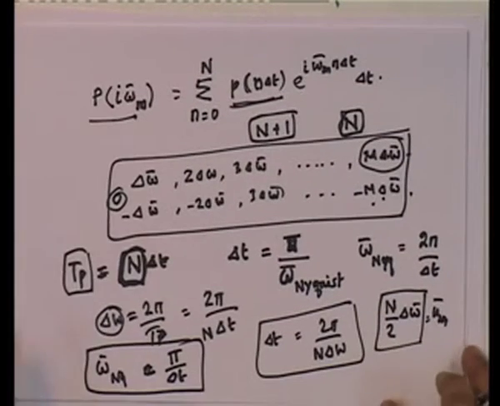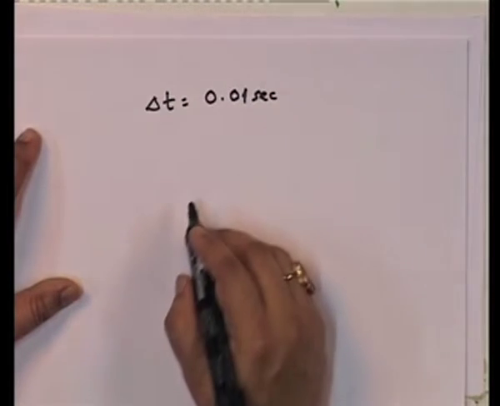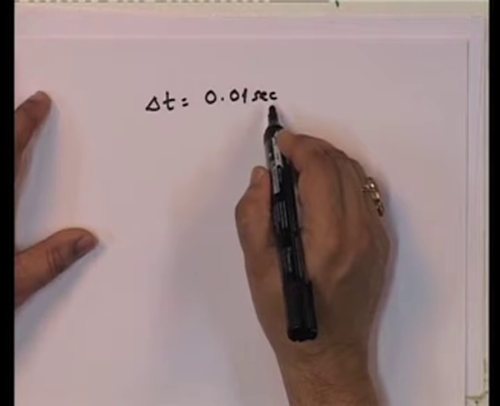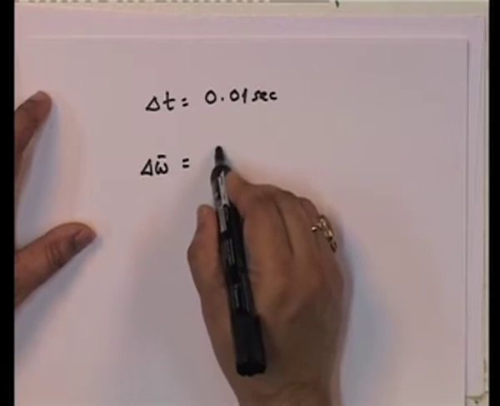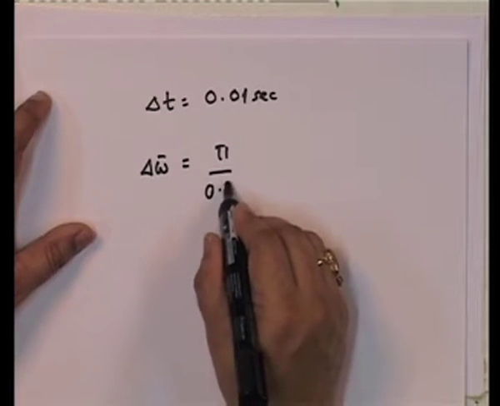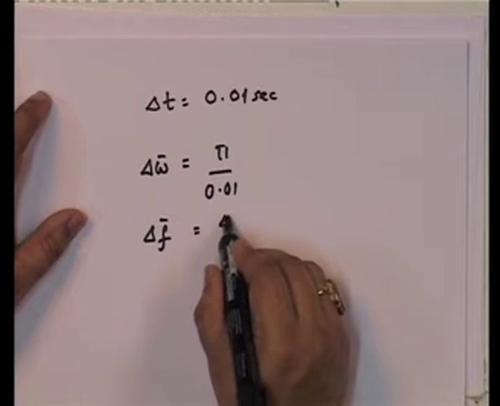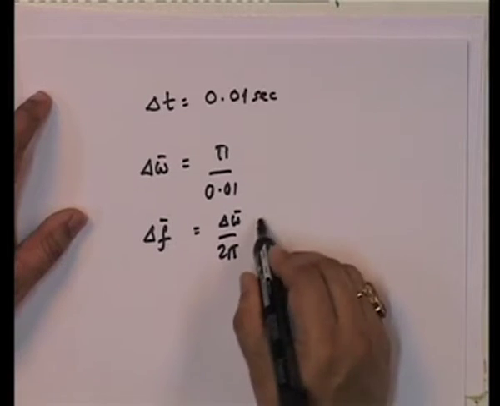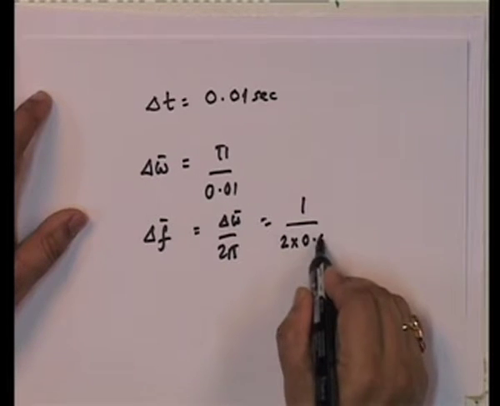So, let us say delta t is equal to 0.01 second. Then delta omega bar becomes pi upon 0.01, and the frequency, which is equal to delta omega upon 2 pi, essentially becomes 1 upon 2 into 0.01.